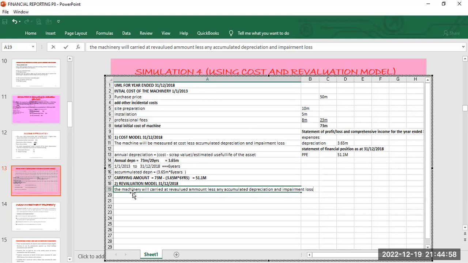That's basically what the revaluation model means.